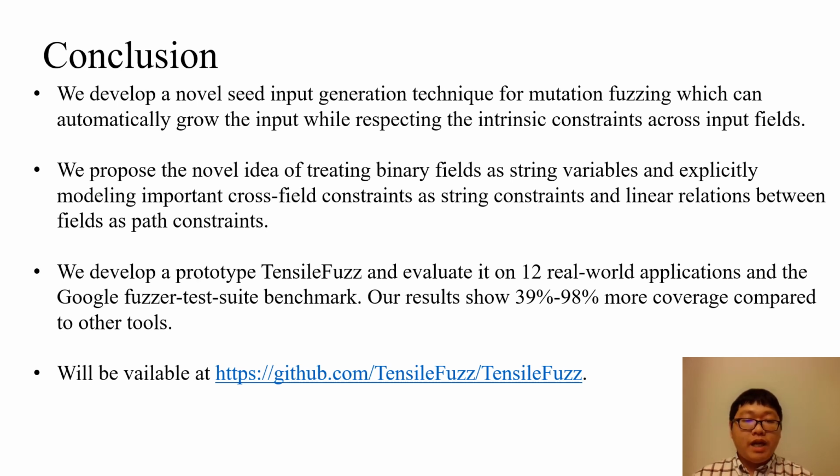We propose the novel idea of treating binary fields as string variables and explicitly modeling important cross-field constraints as string constraints and linear relations between fields as path constraints. We develop a prototype TensileFuzz and evaluate on 12 real-world applications and achieve good results.